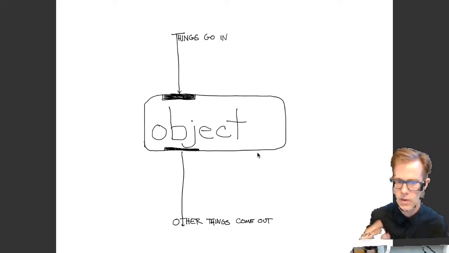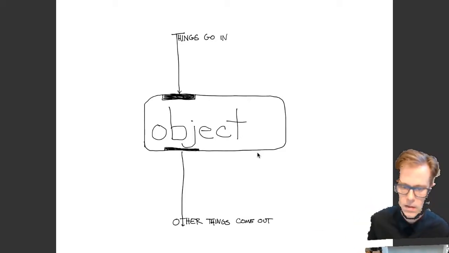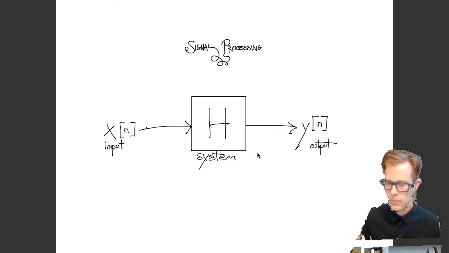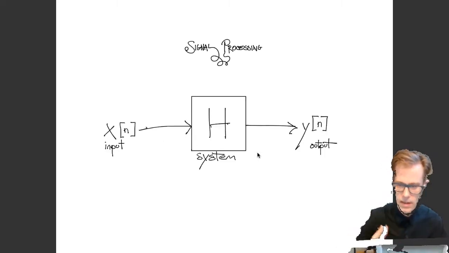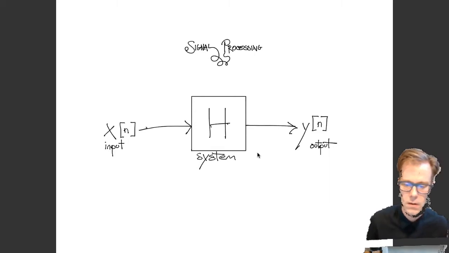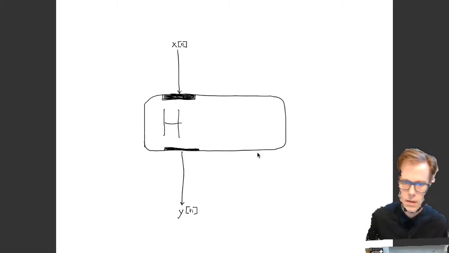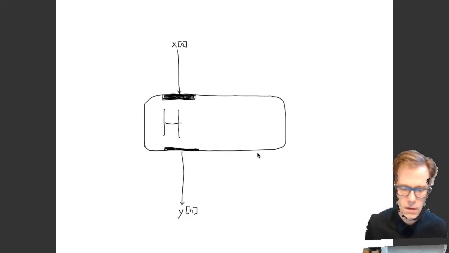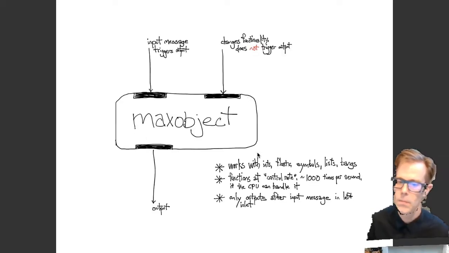So objects have inlets on the top and they process them in some way, and then you get your outlets on the bottom of those objects. Signal processing is usually diagrammed out like this, where you have some input in a signal processing system and an output. So in the world of Max, this would be the paradigm.